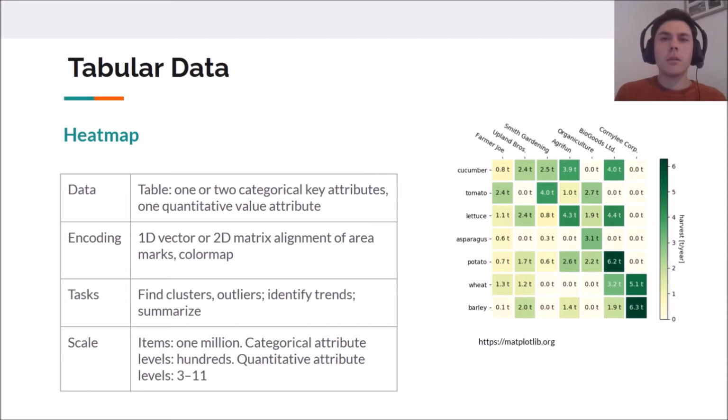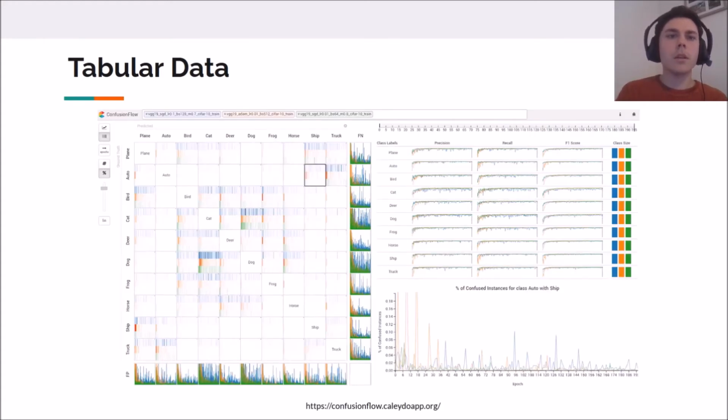But as I mentioned earlier, since we use the color channel for the numerical attribute, this is a bit tricky because we can only distinguish about 3 to 11, maybe 12 different shades of color. So there you have to be careful about the resolution of the numerical attribute. Just an example of how heat maps can be used in certain situations where other types of charts would cause too much visual clutter.